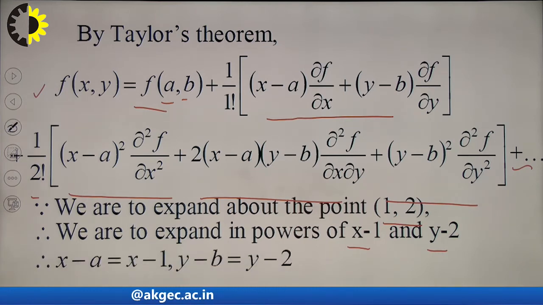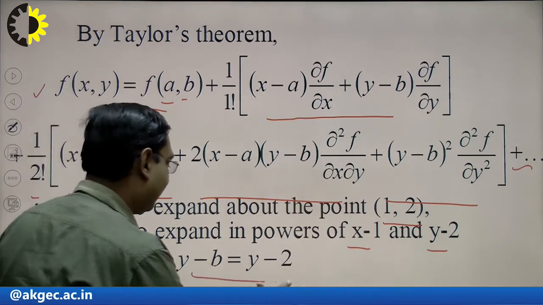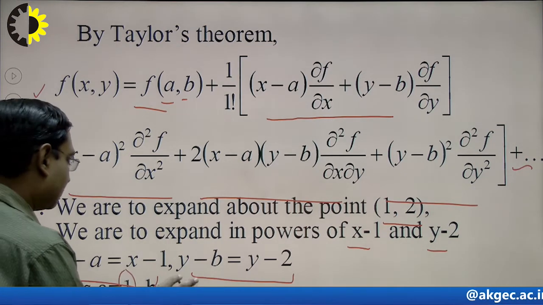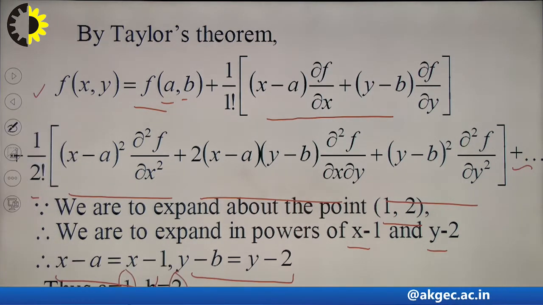It gives x minus a equal to x minus 1 and y minus b equal to y minus 2, and therefore the value of a is 1, value of b is 2, which we have already seen.